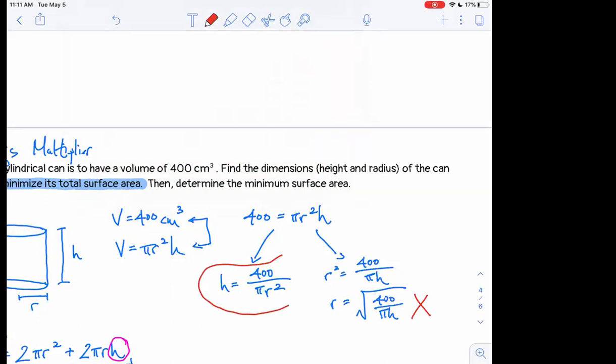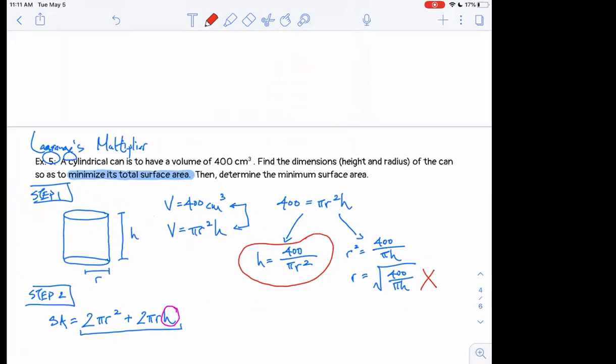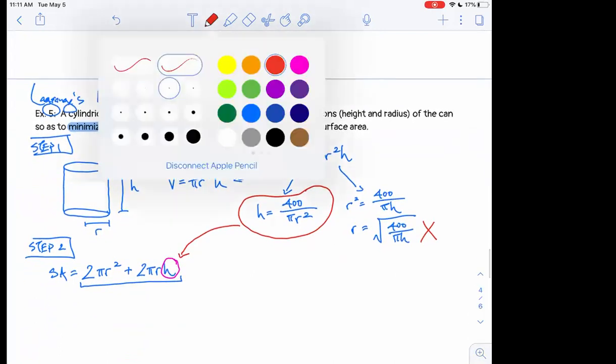So we're going to take this one that we were able to isolate in one step, and bonus, it only has to go in one place. All right, there's only one h to sub in. That's it.